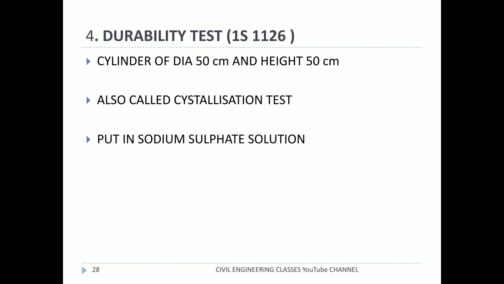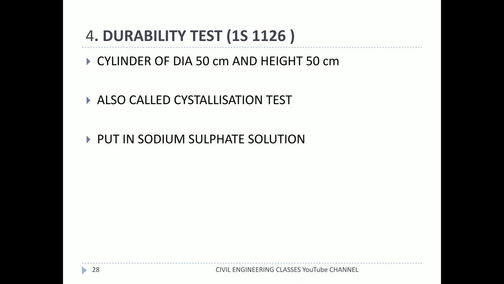Next one is the durability test. It is mentioned in IS 1126. For this we have to select a cylinder of diameter 50 cm and height 50 cm. This test is also called the crystallization test.